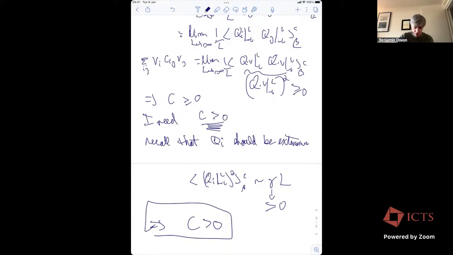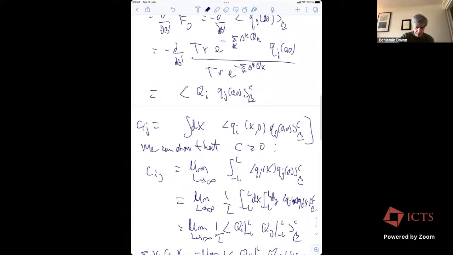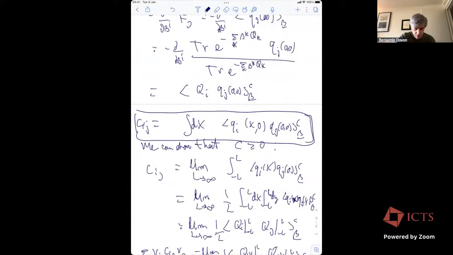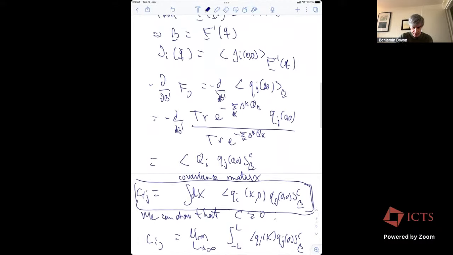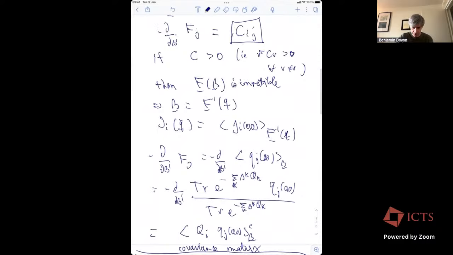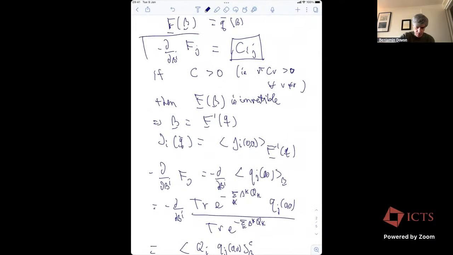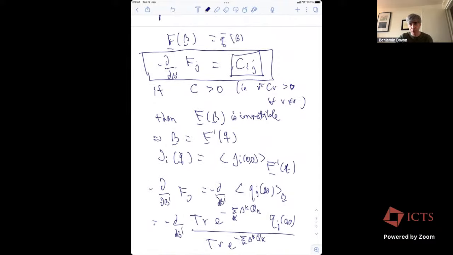Okay? So C is a positive matrix. This matrix C, as defined here, is called the covariance matrix. It is the covariance of conserved quantities. And this relation between C and the variation of the densities shows that the covariance matrix is related to the susceptibilities.